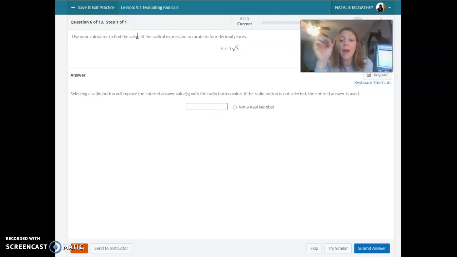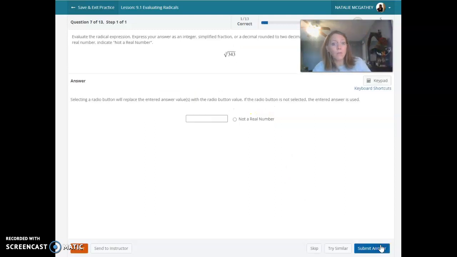If I need to round it to 4 decimal places, what I have here after the decimal is 1, 2, 4, 3, 5. So the 5 knocks the 3 up to a 4. So it should be 1, 2, 4, 4. So it'll be 15.1244. Okay.